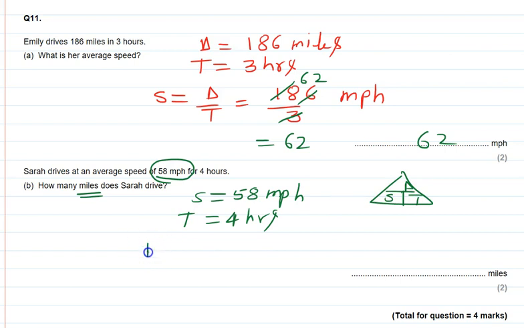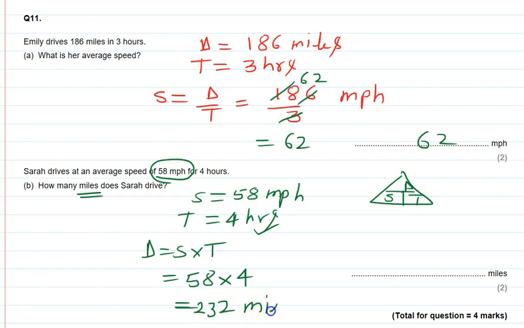So distance is speed times time. So speed is 58 miles per hour and time is in hours only. So 58 times 4. 4 times 8 is 32, carry 3. 4 times 5 is 20 and 3, 23. So 232 miles. That will be your answer.